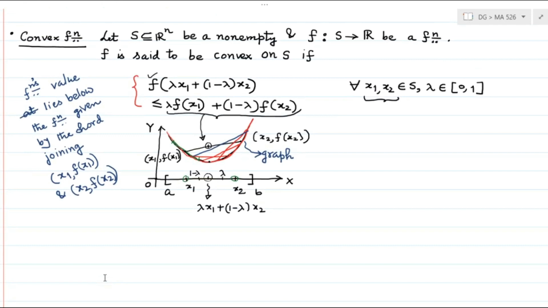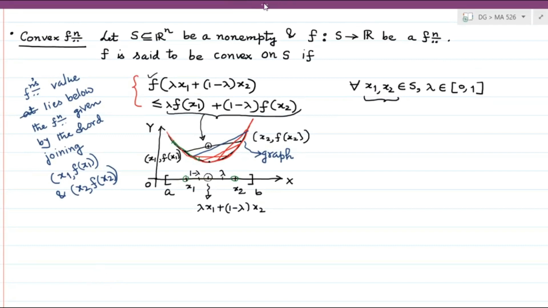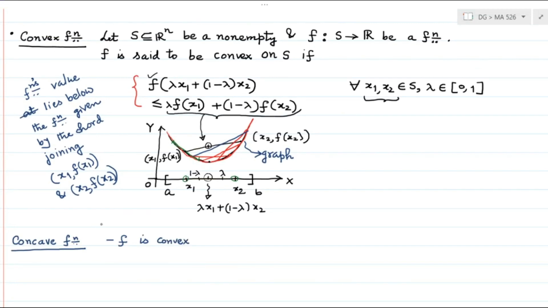Let me define what we mean by a concave function. If minus f is convex, then we say f is concave.